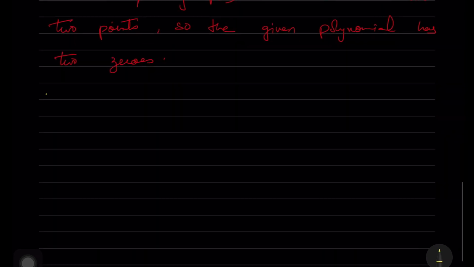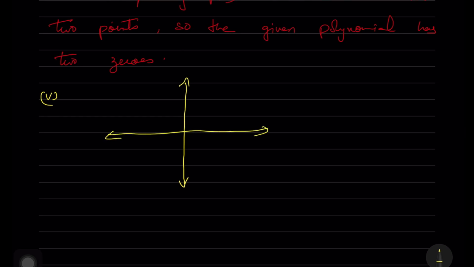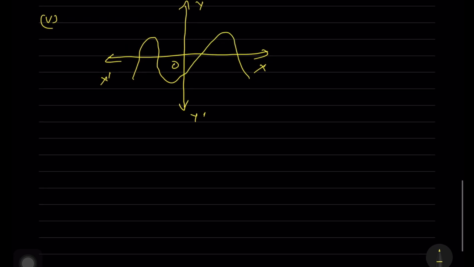Going into the fifth one, draw the x-axis and the y-axis. Here there is some wave which is touching the x-axis at so many points. We count only those points where it touches the x-axis. Here you can see totally it is touching 1, 2, 3, 4 points on the x-axis.